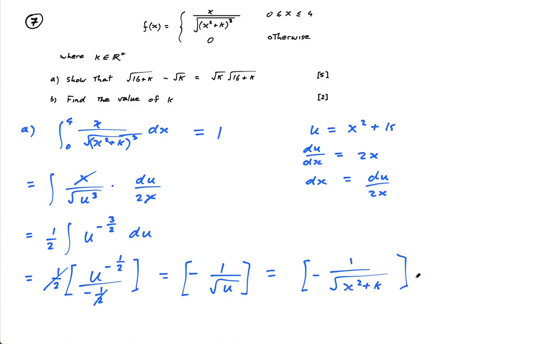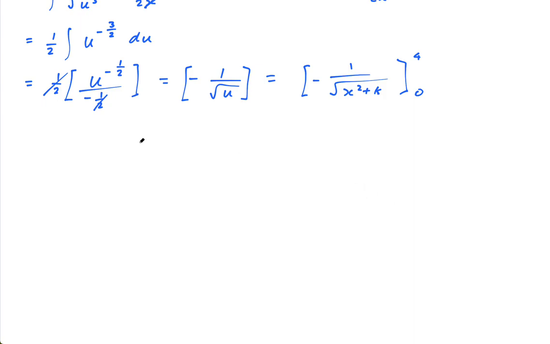Now I'm going to put back in my limits, 0 to 4. Okay, I'm then going to sub in my 4 and sub in my 0. If I sub in 4, I get negative 1 over the square root of 16, because this 4 squared is 16, plus k.